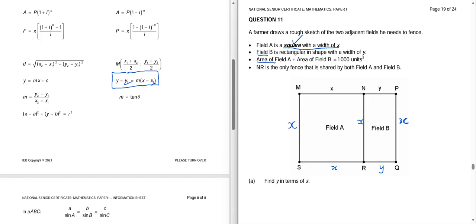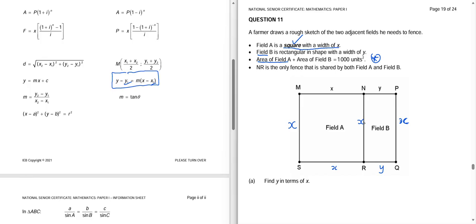Area of field A plus area of field B is equal to 1,000 unit squared. That is the given information. So we need to remember that. NR is the only fence that is shared by both field A and B.